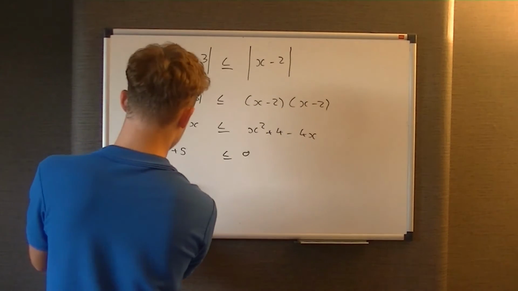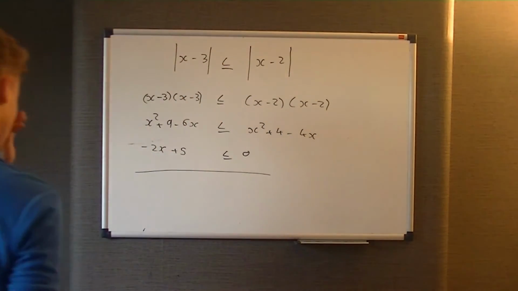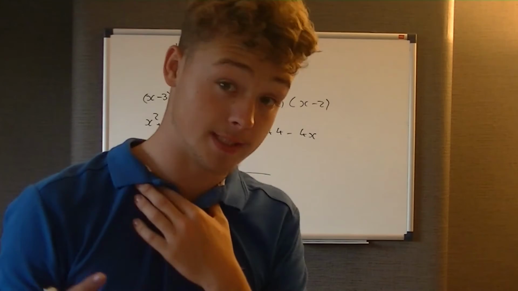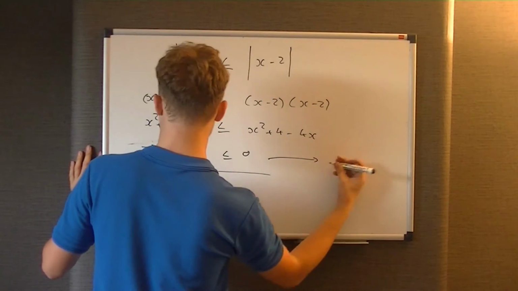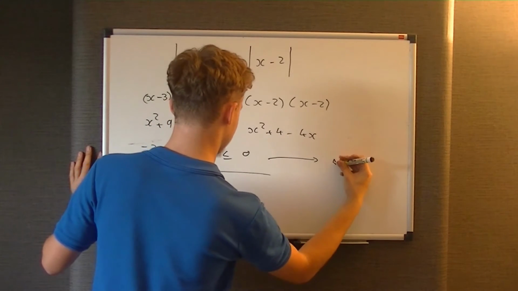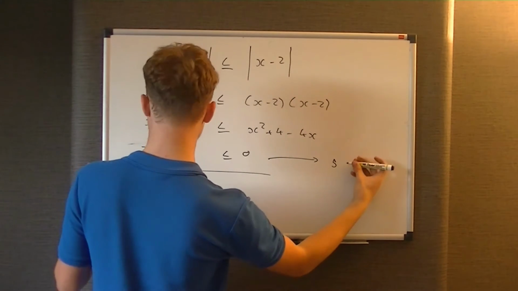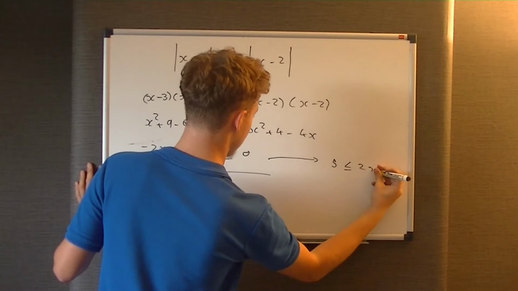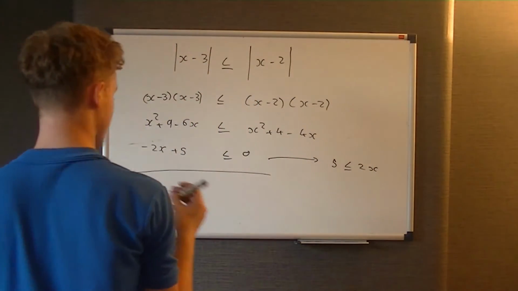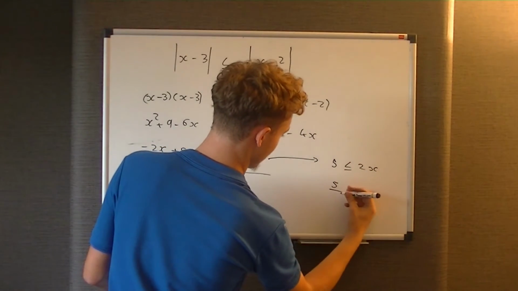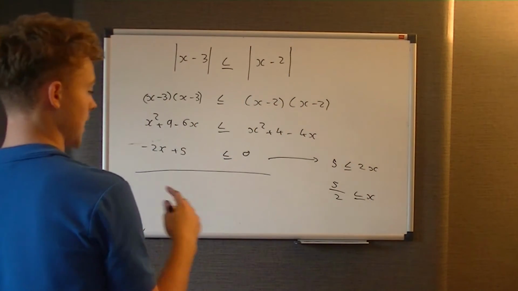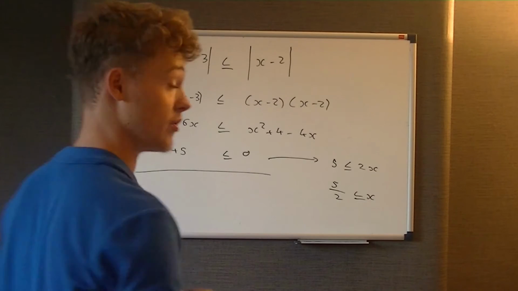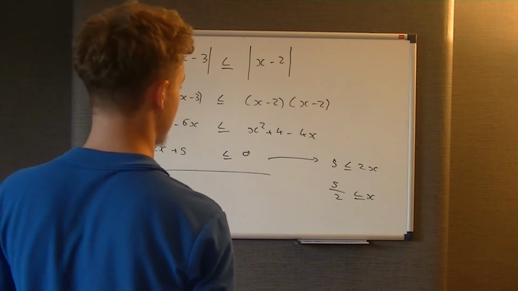So minus 2x plus 5 is less than or equal to 0. What we can do then is move the 2x across, so add 2x. 5 is less than or equal to 2x, so simplifying this, x is greater than or equal to 5 over 2. So that's what you'd do.